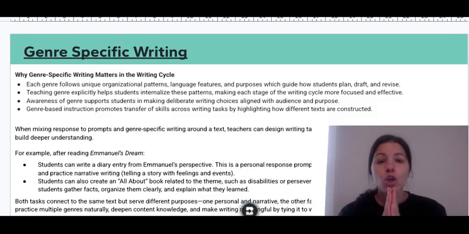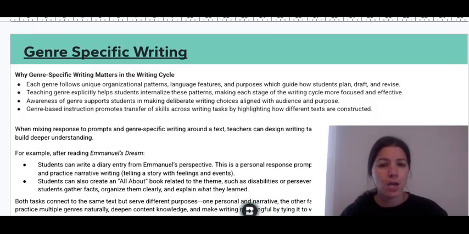Here's where you have to make sure you're choosing highly rich content. You have to make sure you're choosing highly engaging text to support your students. You have to build your students' knowledge around topics. So what does that mean? What type of information do we want our students to know, right? What is important to our communities?